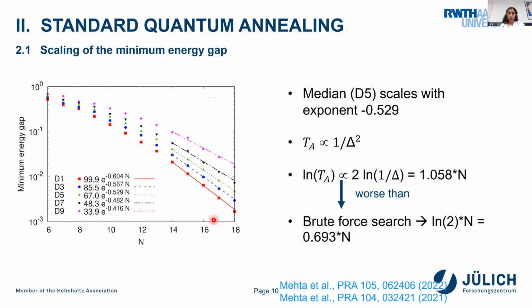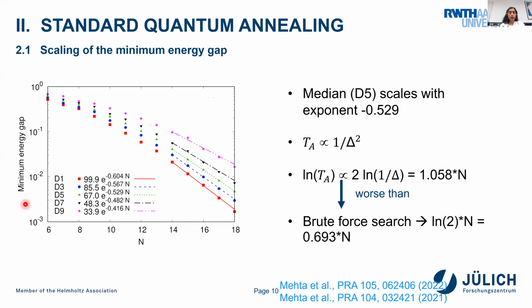We then sort these minimum energy gaps and compute the deciles, such that the first decile, D1, constitutes the smallest 10% of the gaps. This should then include the problems that are hard for quantum annealing to solve. Similarly, D9 includes the problems with the largest 10% of the minimum energy gaps.